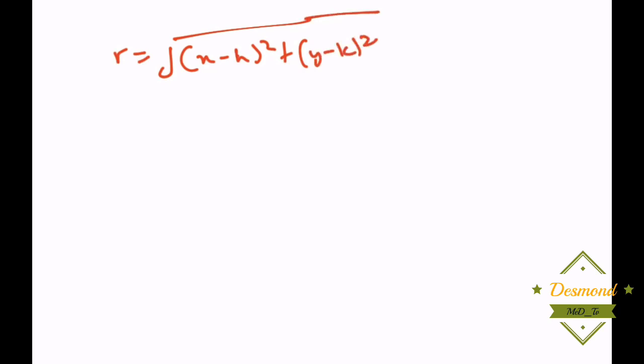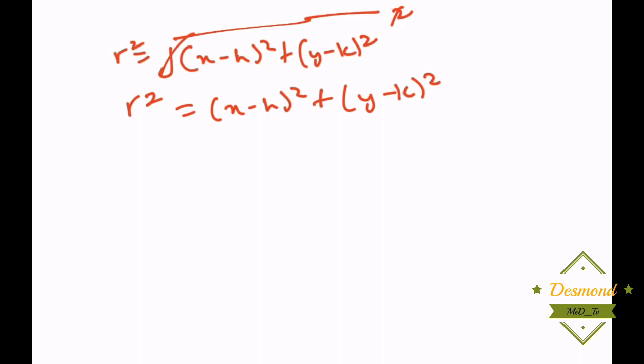We square both sides, so the square cancels the square root. We have R squared, the radius squared, equal to X minus H all squared plus Y minus K all squared.